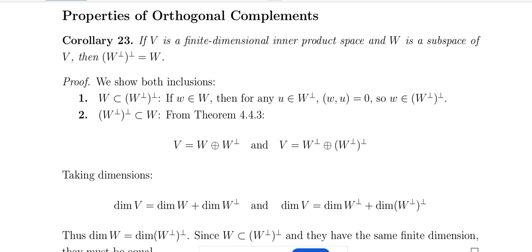In the case where V is a finite dimensional inner product space and W is a subspace of V, the double orthogonal complement, the orthogonal complement of the orthogonal complement of W, should be equivalent to W. It's a very important one.